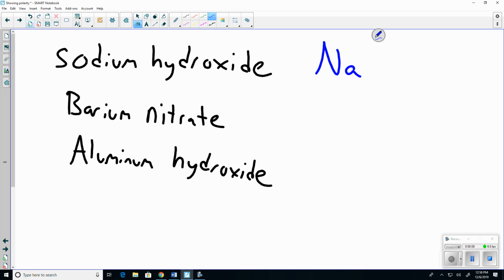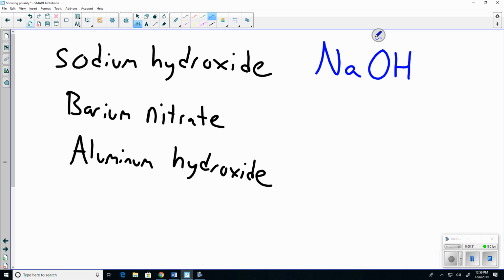If it ends in ide, usually it's like nitride or oxide or fluoride, so it's just an individual element. But there is a cyanide, a hydroxide, and a peroxide all on this sheet. So most things that end in ide are just individual anions. There's a couple exceptions. Hydroxide is OH.